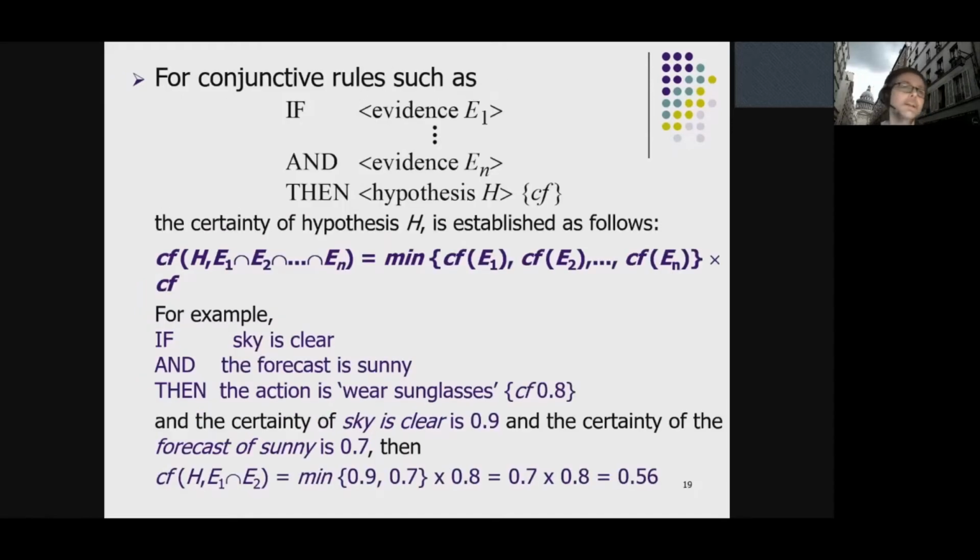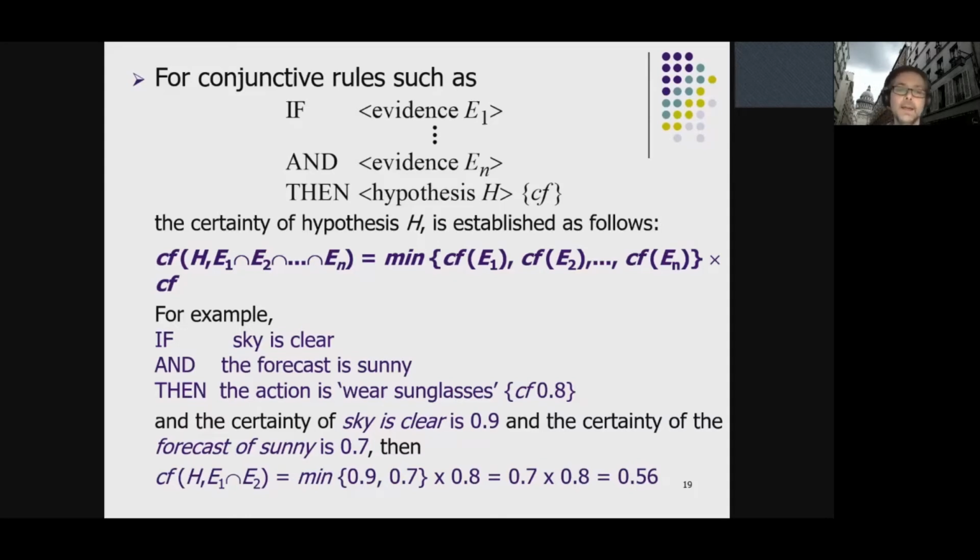You can use this idea and you can produce complex rules, like in this case, which are more practical, because in applications usually you have conjunctive rules like the scheme you see here. If evidence E1 and if evidence E2 and then hypothesis H with some certainty represented by the value of the certainty factor you have assigned to the rule.